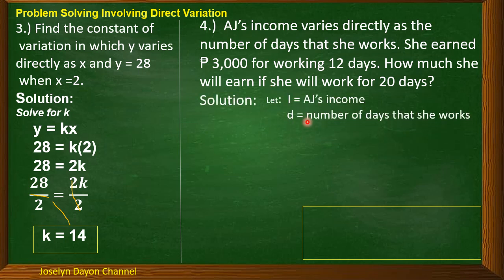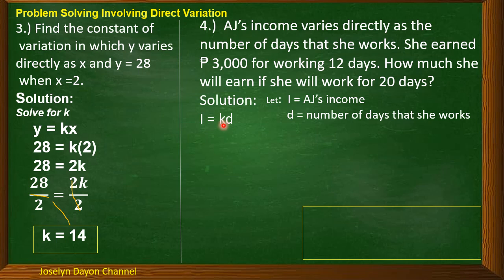So let I be equal to Age's income and D the number of days that she works. Now, we have to translate. Age's income, I, is equal to, varies directly, we have K, to the number of days, we have D. So this is the equation.